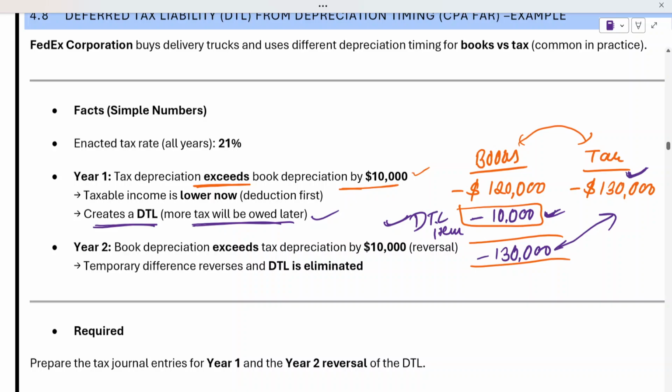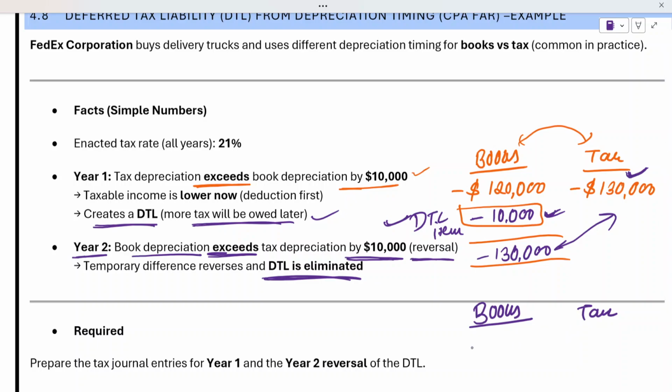Now in year 2 they are saying book depreciation exceeds tax depreciation by 10,000, and this gets reversed. So in year 2 this will get eliminated. If I make the picture of year 2, this is my books and this is my tax, and book depreciation exceeds tax depreciation.